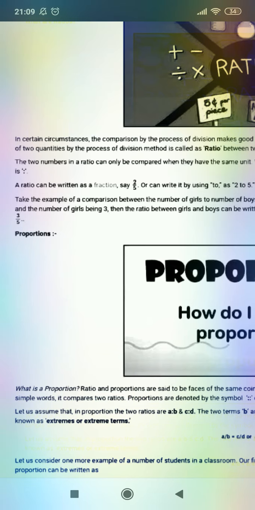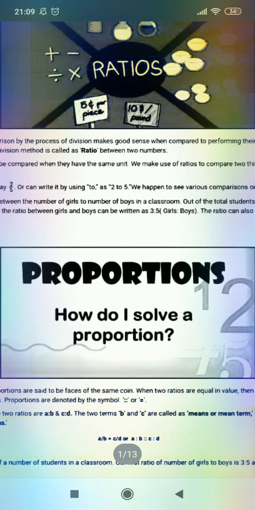The two numbers in a ratio can only be compared when they have the same units. Suppose one unit is in kg and the other one is in meters. This cannot be related or compared through a ratio.